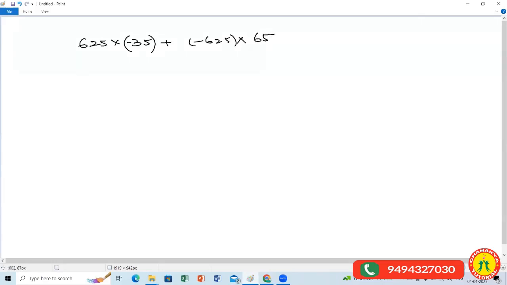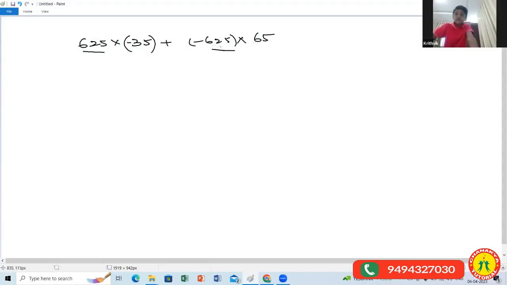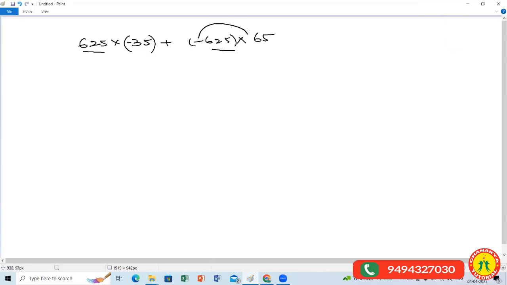Kritvik, this is a very special case. Which property is same? Who is distributed here? 625 is distributed to that minus 65. But this minus sign can be sent to the next number. Yes, ma'am, you can.